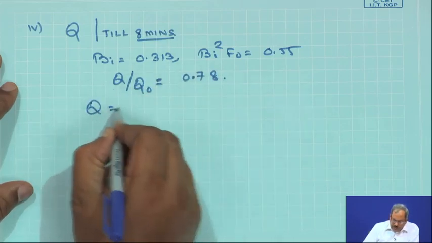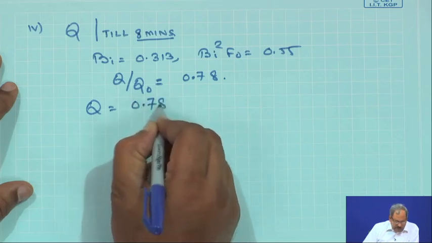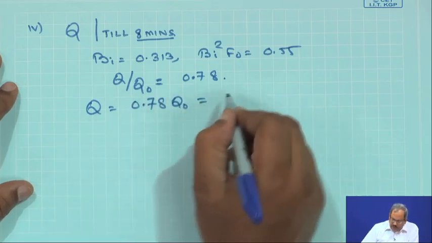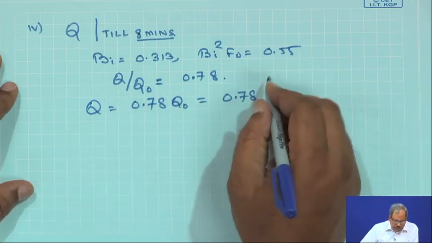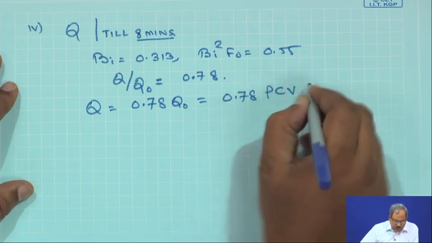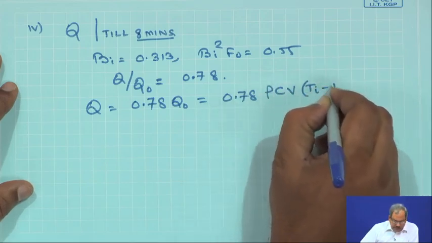So, your Q is 0.78 Q naught, and Q naught should be equal to rho C V (T I minus T infinity).